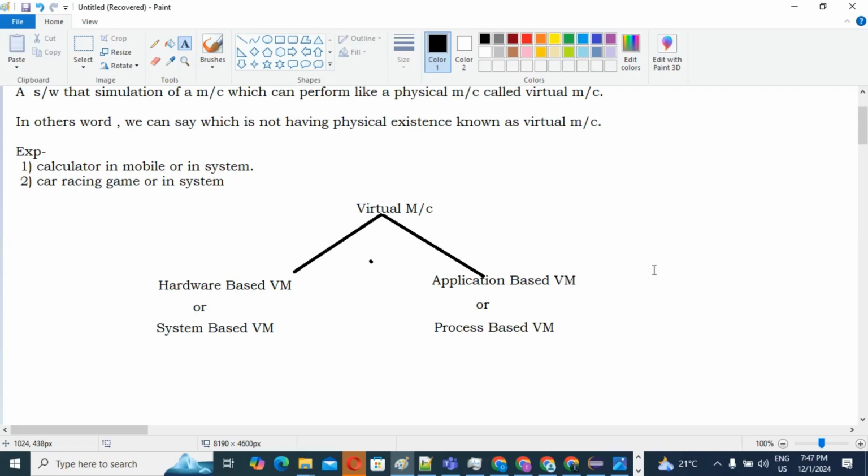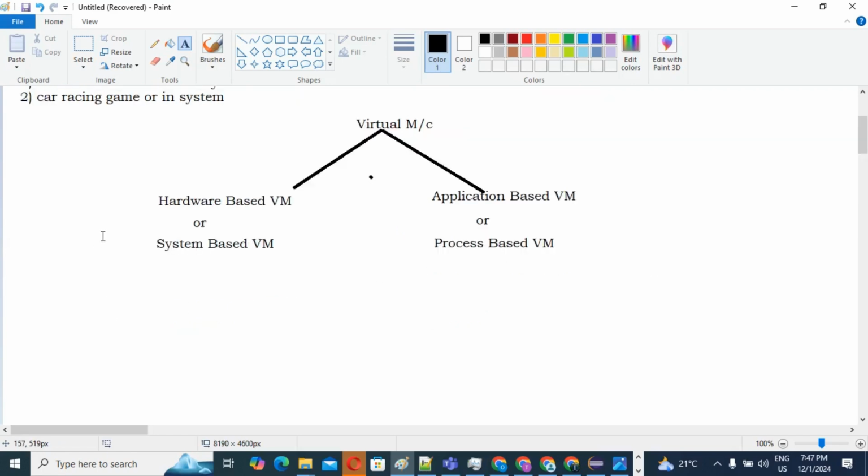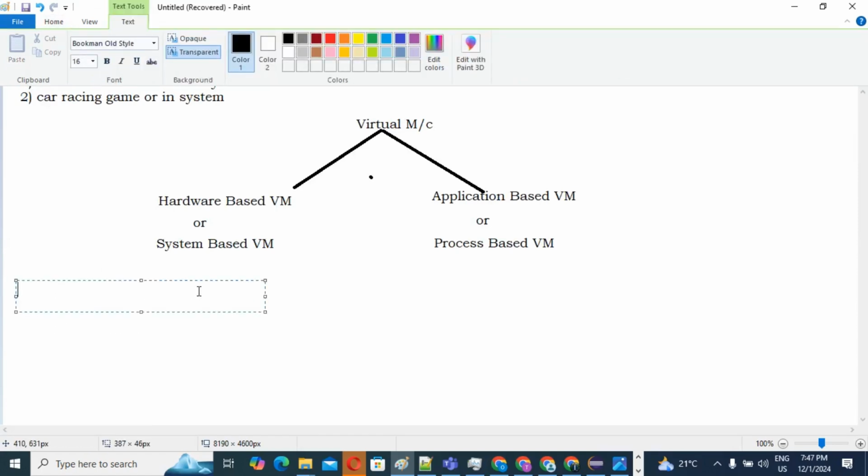For that understanding purpose, we need to start first with hardware based virtual machine. Correct, guys?